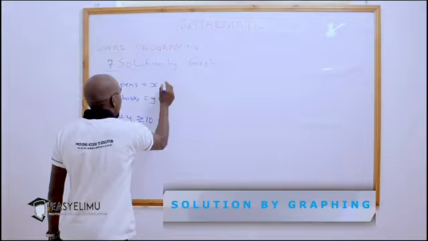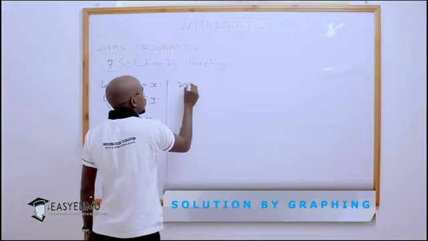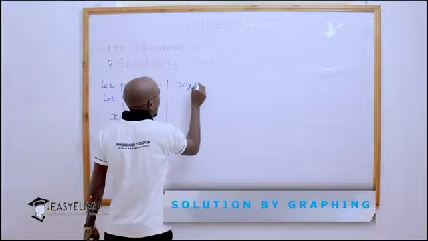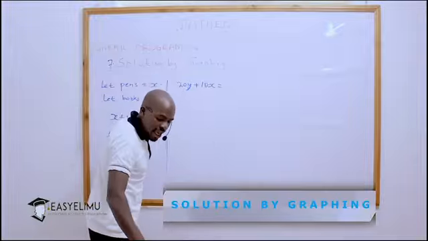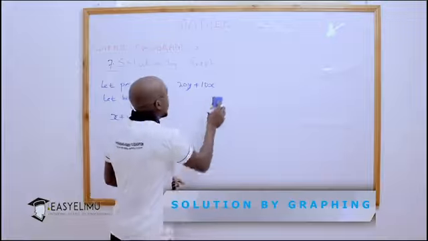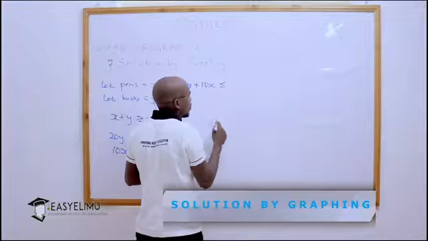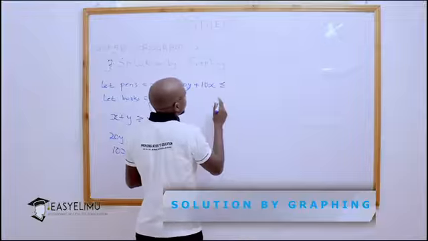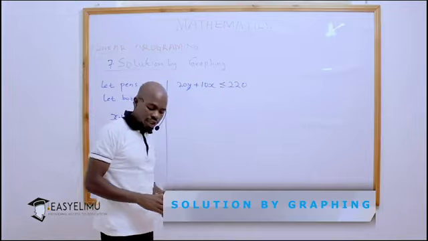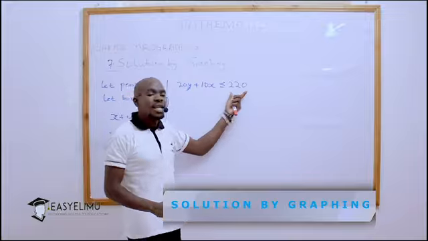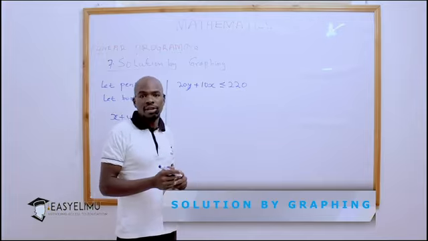So meaning what? If we take the total amount spent on books and add to the total amount spent on pens, we should get either the total amount the student is having, which is 220 shillings, or less than 220.